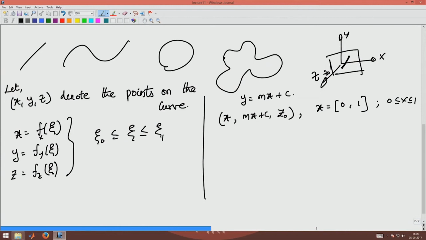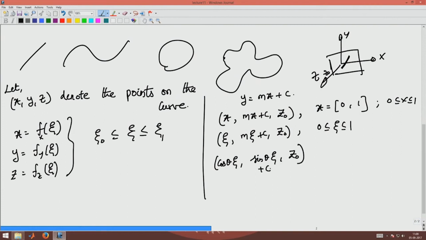An alternate representation for the same straight line is psi, m psi plus c, z naught, where 0 less than psi less than or equal to 1. This is what corresponds to this definition here. The same thing I can represent as psi cos theta, psi sin theta plus c, z naught, where psi varies again from 0 to 1.